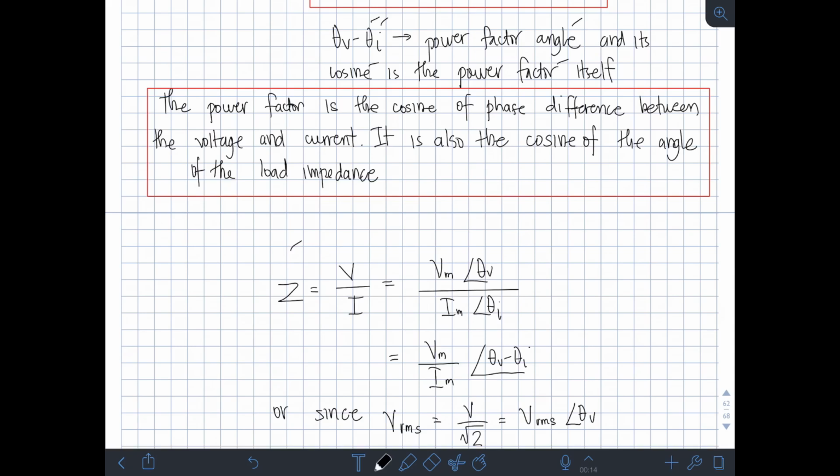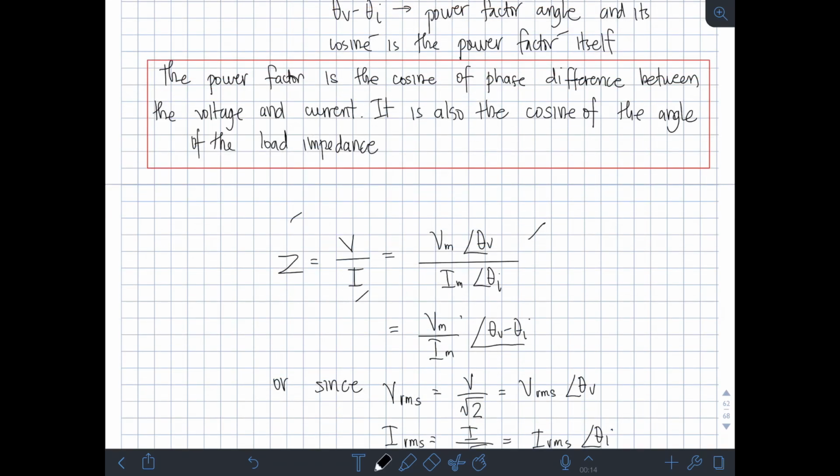isang circuit. So, pag ginawa nating phasor form, we have V is equal to V sub M angle theta V over yung I in phasor form, I sub M angle theta I, or V sub M over I sub M angle theta V minus theta I, applying division for complex number in polar form.